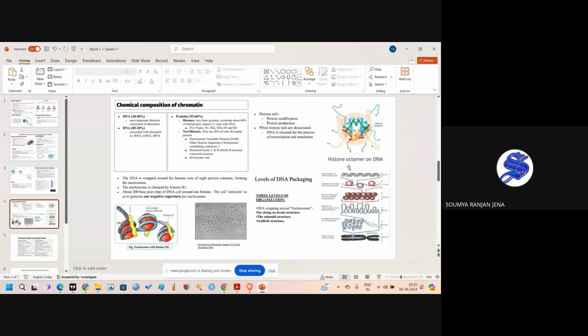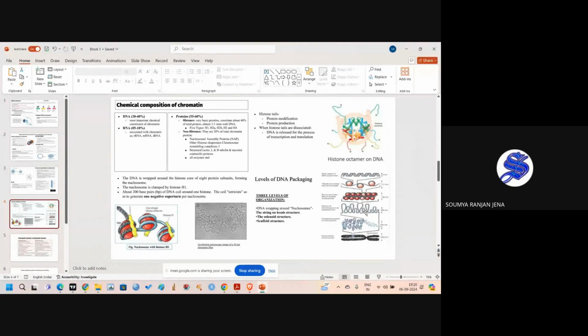Then if you go to the eukaryotic levels of DNA packaging, DNA is at 2 nanometers in width, then it is converted to beads on a string, from chromatin, with the help of this octamer histone complex. Then this 11 nanometer is converted to a 30 nanometer chromatin fiber packaged into nucleosomes, and this section is called the extended part of the 30 nanometer fiber, and this forms loop-like structures to form a 300 nanometer chromosome.